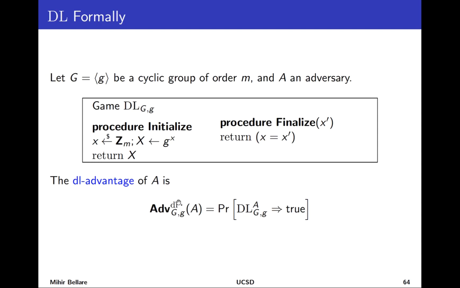The superscript is the name of the metric, discrete log. The subscript says we are measuring security of this group and generator in the discrete log sense. So those are fixed and known over here. So now we can make statements about this advantage or write theorems that talk about the advantage of various adversaries.